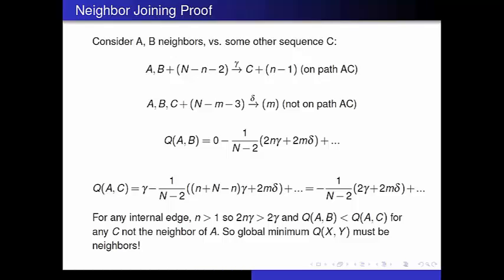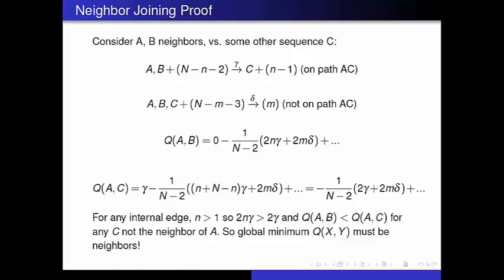So all that's left now are these so-called U terms that are 1 over N minus 2 times a sum over basically distances from A to all other possible sequences and distances from B to all other possible sequences. And we can immediately write down what the contributions for edge gamma and edge delta are going to be for that. So for the U going from A, I've got A going across edge gamma to little n other sequences.